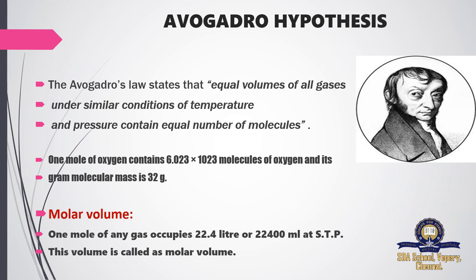So the molar volume is based on the STP, standard temperature and pressure, and the gas occupies 22.4 liter. As in the previous Avogadro hypothesis, with no change in temperature and pressure, all the gases have an equal number of molecules. So at STP, 22.4 liter of any gas can occupy a place. Whatever the gas, that is molar volume.